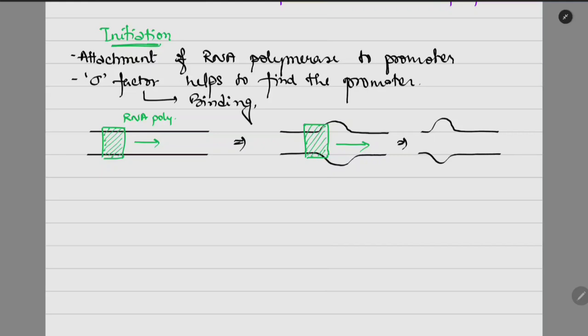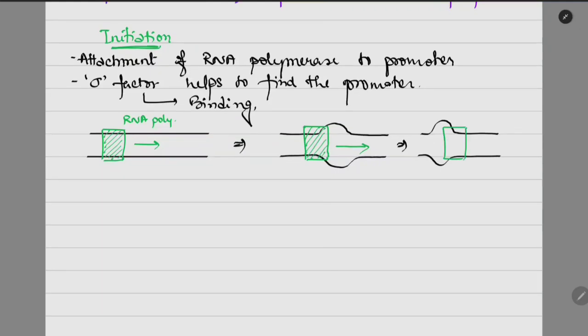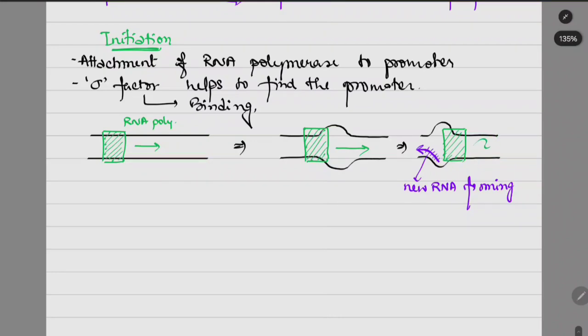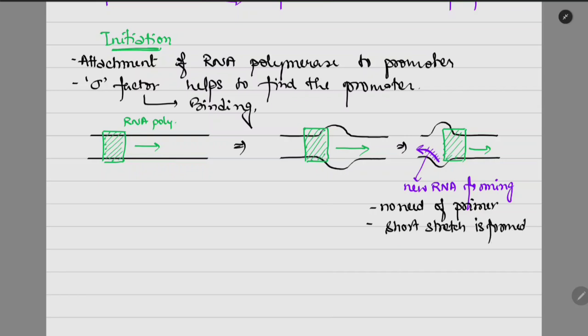It goes something like this, and the new RNA is forming here and goes towards this direction. Here we can see that there is no need of primer. Direct formation of the RNA takes place, and first a short stretch is formed.